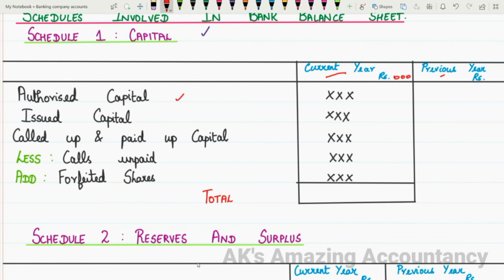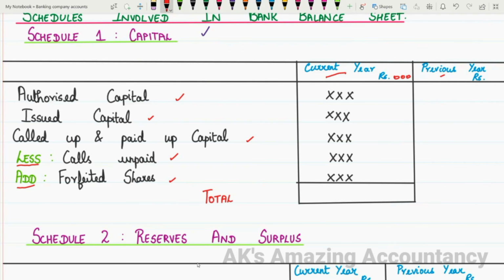Then you have issued capital. Then you have called up and paid up capital. Then you have calls unpaid, which has to be deducted. What is calls unpaid? It is nothing but calls in arrears, which will be deducted. And if you have any forfeited shares given in the problem, that will be added. If you are given information relating to calls unpaid and forfeited shares only, you will do this.